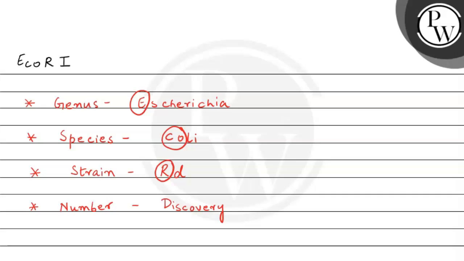Since EcoRI was discovered first from the Escherichia coli RY strain, the enzyme is given the number 1. So from here we get the name EcoRI: the letter E, Co, R and 1. So that is why the name of the enzyme is EcoRI.